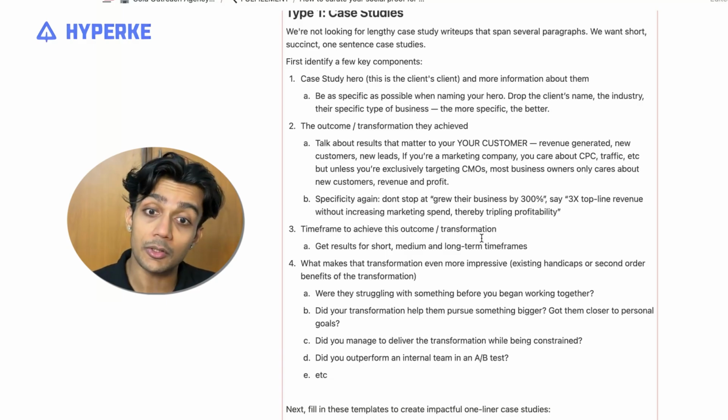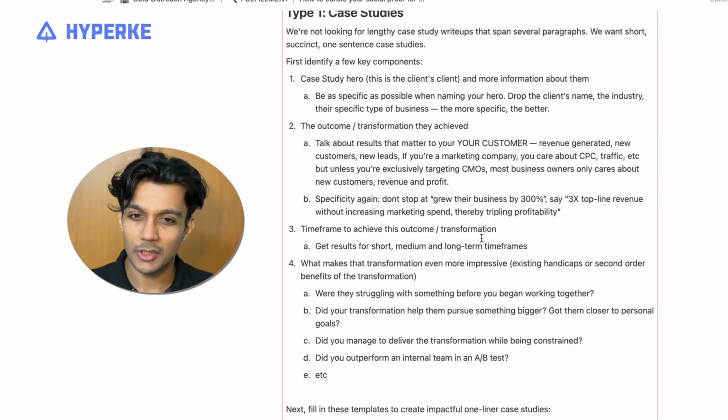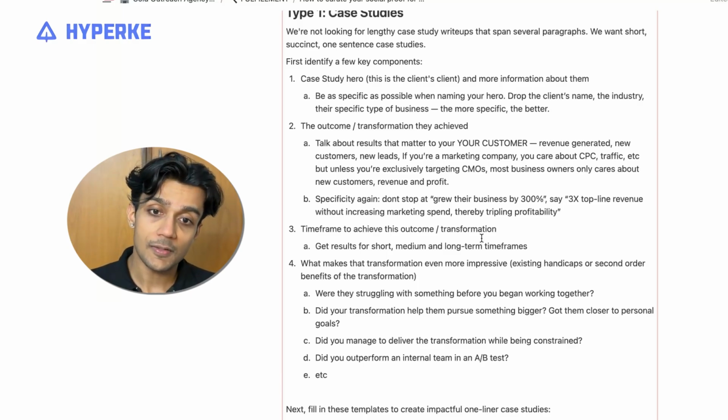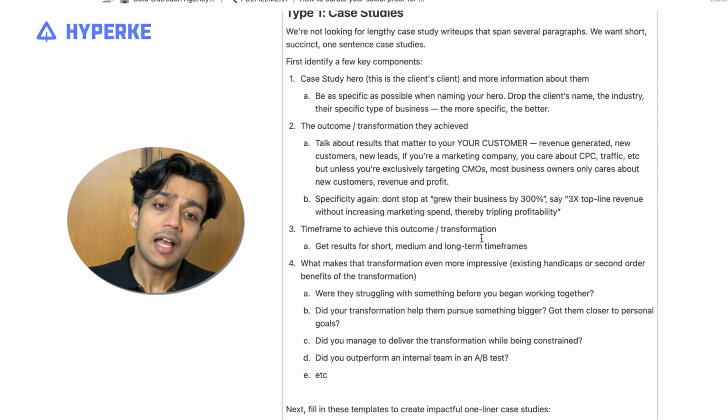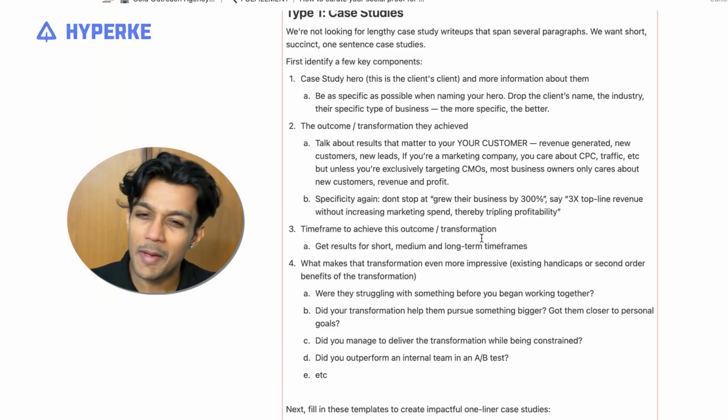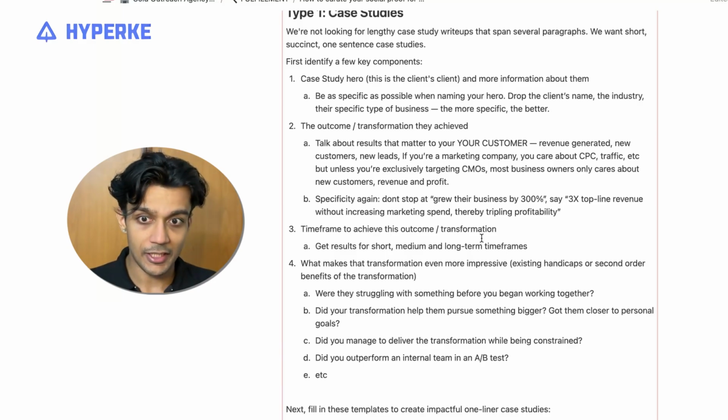Similarly, when you're talking about the outcome or the transformation that you helped that hero produce, you want to talk about the results that matter the most to your customers. So this would be things like revenue generated, profits, new customers, new sales, whatever it is that you're selling, right? Oftentimes when I audit cold email campaigns or when I do consultation calls, I see people use metrics that matter to them as their case study metrics.